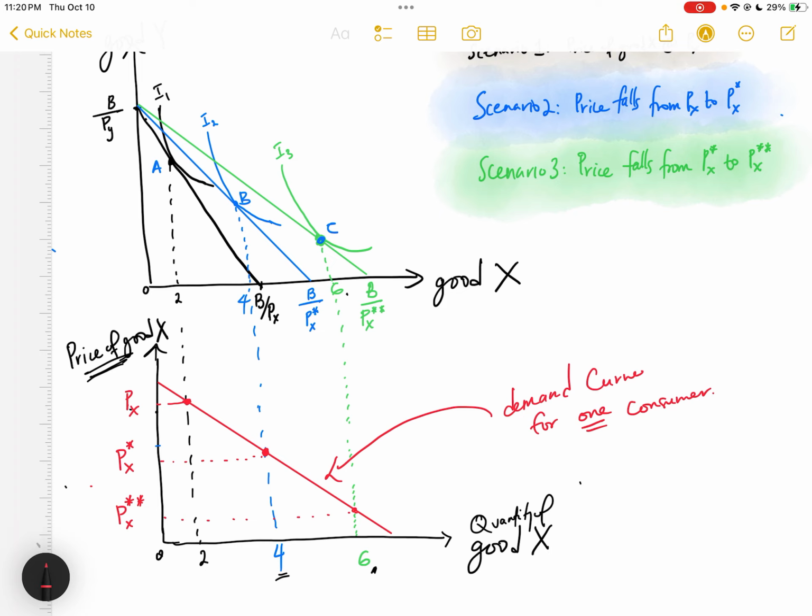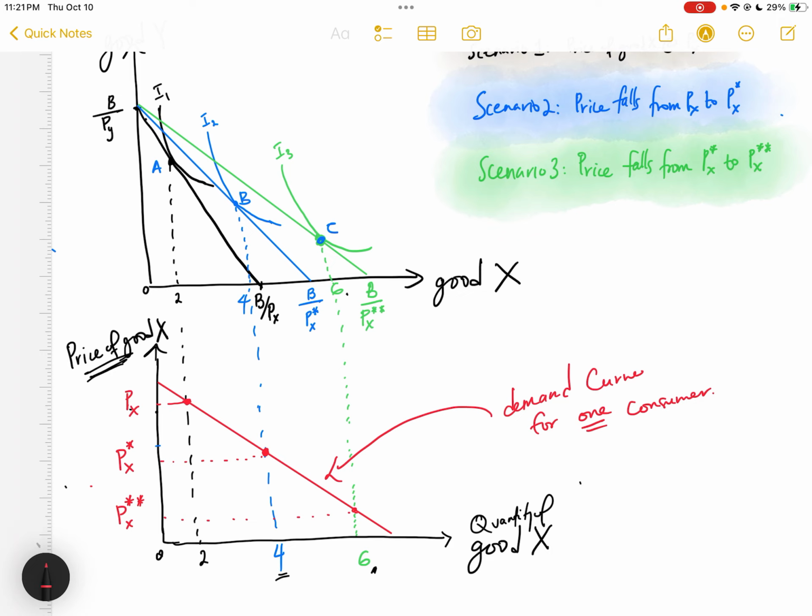Then we looked at this one person's preferences and we ranked those preferences, and we ended up choosing the bundle that occurred at tangency between one of that one person's indifference curves and the budget line. So it should not be a surprise that the demand curve we derive from changes in price of one of the goods, right? The demand curve we derive will be for one consumer.